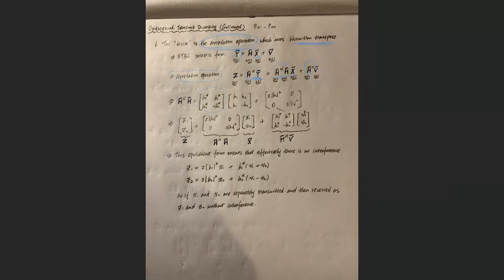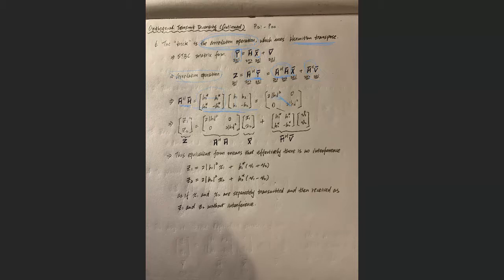So H Hermitian transpose multiply H is extended to this, and what we get is a scaled identity matrix. Because for the first row, first column, we only have a complex value multiplied by its conjugate, so it's only power.